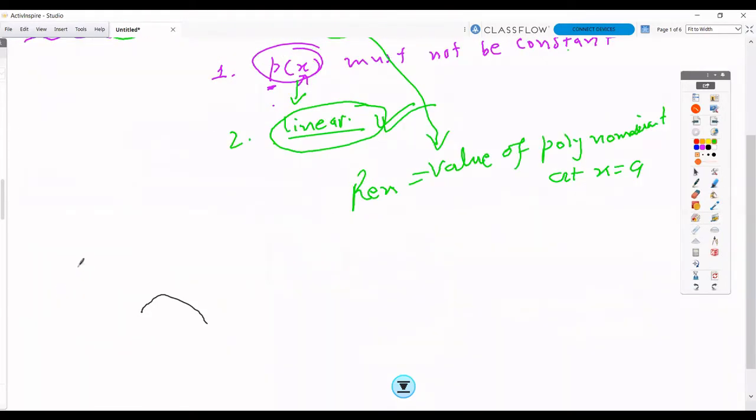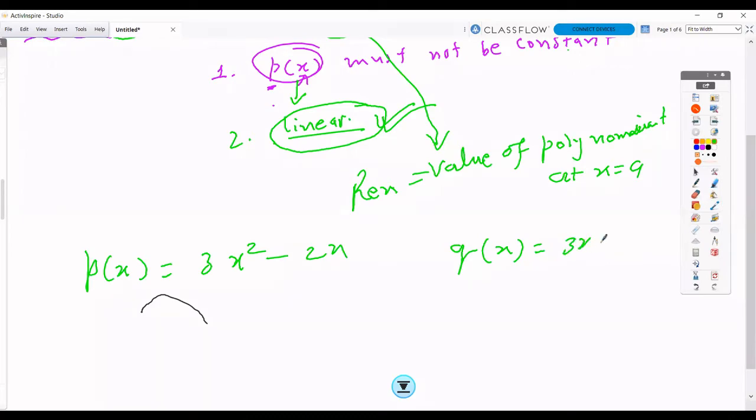Suppose we move to a question. Suppose P(x) is given. P(x) cannot be constant, so we cannot take 8. At least the variable's degree must be 1, 2, 3, at least 1. So I am taking 3x squared minus 2x, and Q(x) will always be linear.